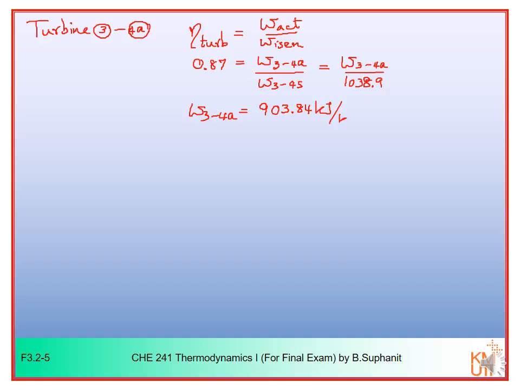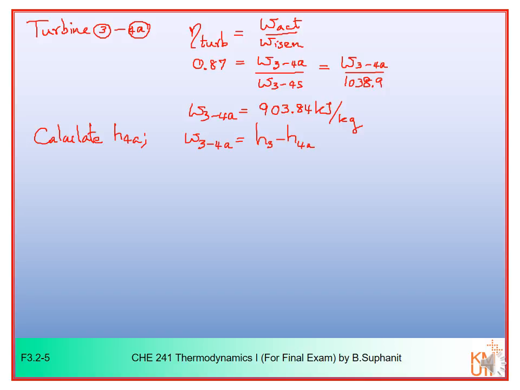kilojoules per kilogram. Now having got the value of the actual work, we can use the energy balance in the process 3-4A to calculate the enthalpy at 4A. We want to calculate H4A. From energy balance we have W34A equals H3 minus H4A.